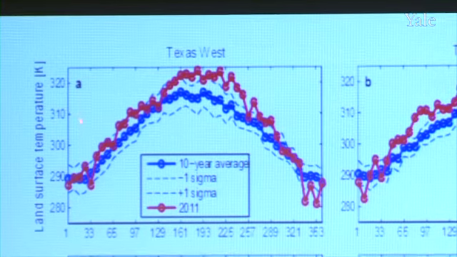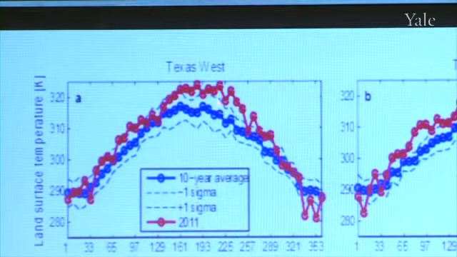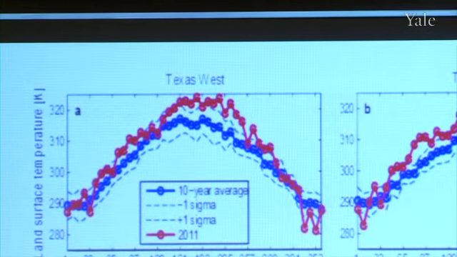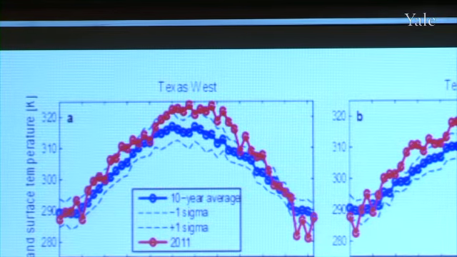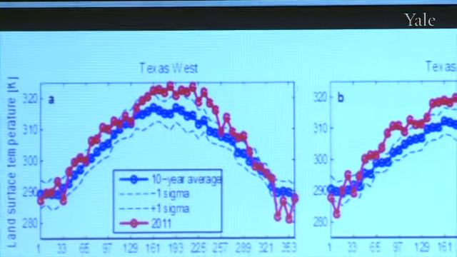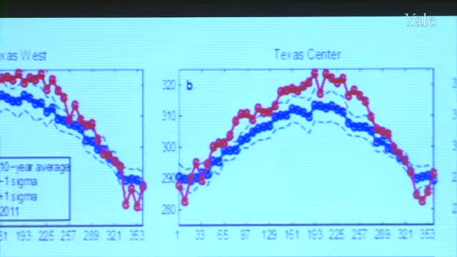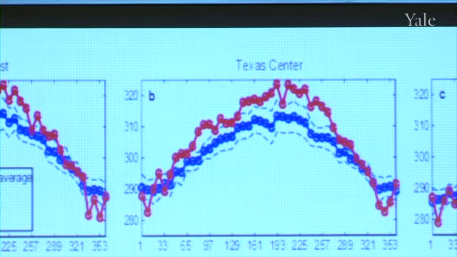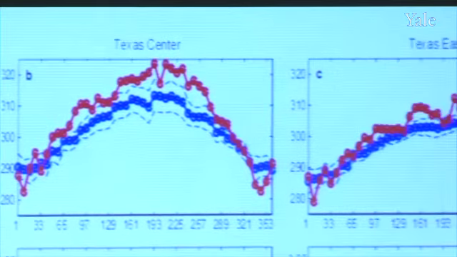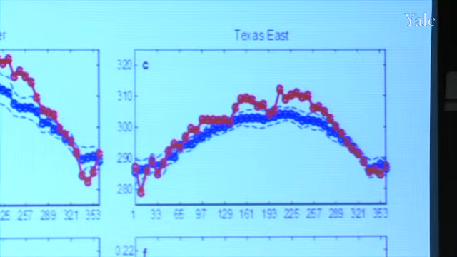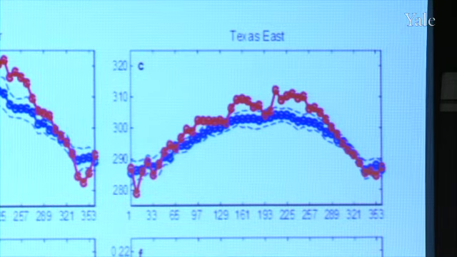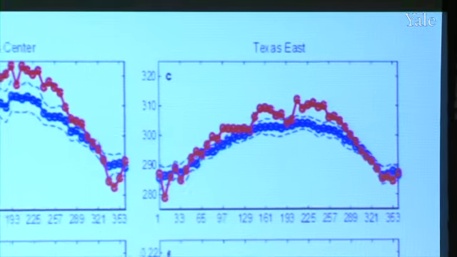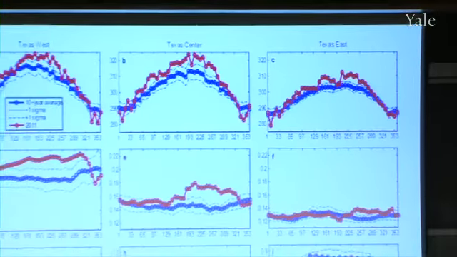A little bit hard to read the scale, but that's approaching 10 degrees Celsius for an overheat on the surface in that particular year. It's that large also, maybe even a little larger in Central Texas, but generally smaller in East Texas, with the exception of late August, where we had that bump there. By the way, this time scale is simply day of the year, 1 to 365.